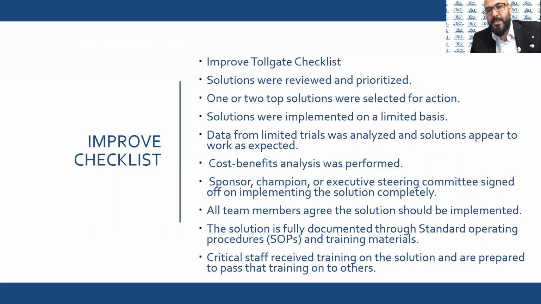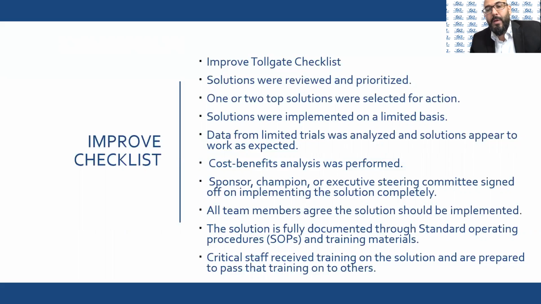Data from limited trials was analyzed and the solution appeared to work as expected. Cost-benefit analysis was performed, return on investment, payback period. Sponsor, champion, or executive steering committee signed off on implementation, the full implementation of the solution.